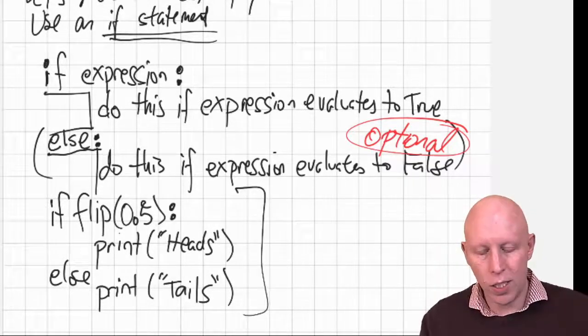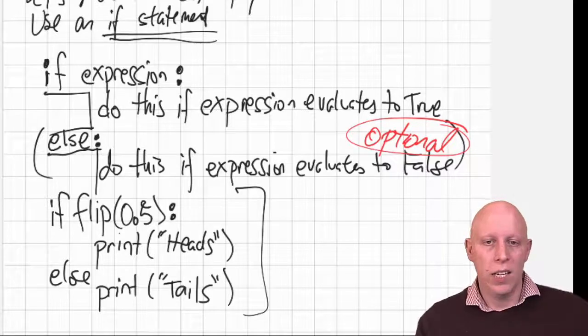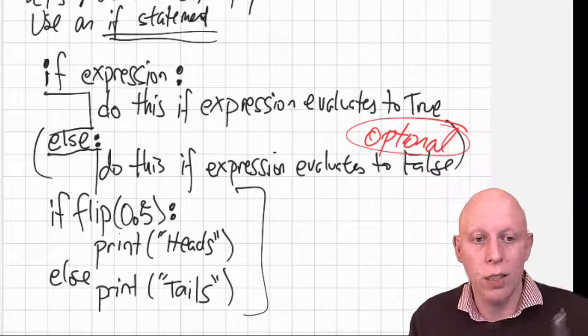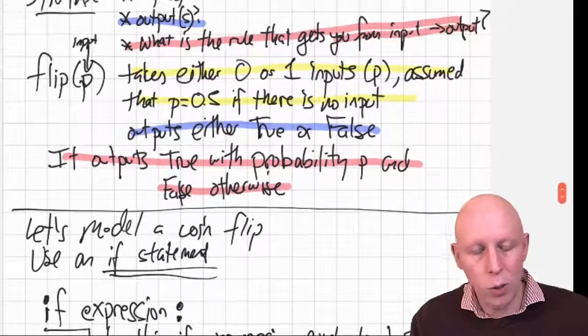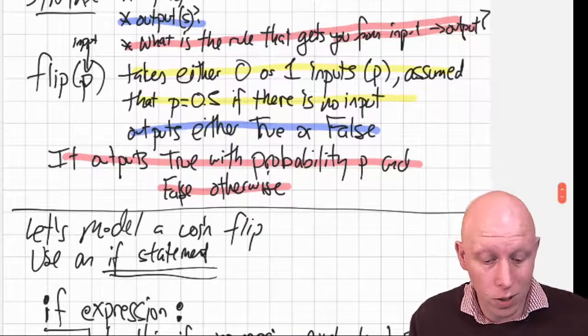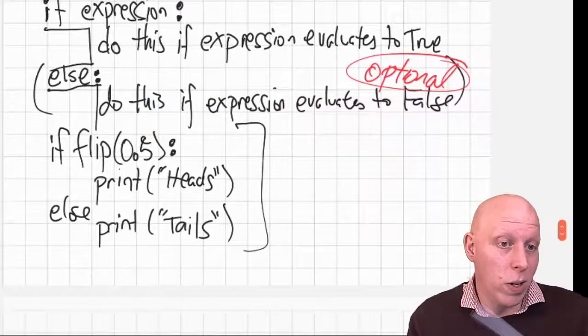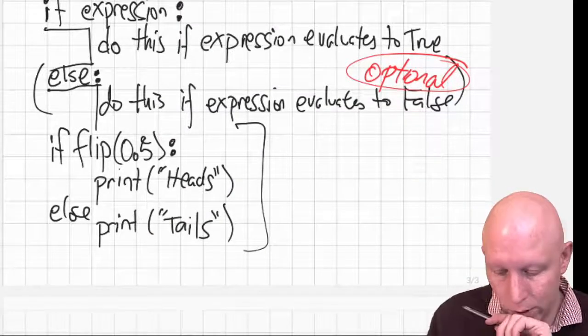So what are we saying here? We're saying flip the coin. Use your flip. And remember what flip does? It's going to give us true with probability 0.5 and false with probability 1 minus 0.5, also 0.5.